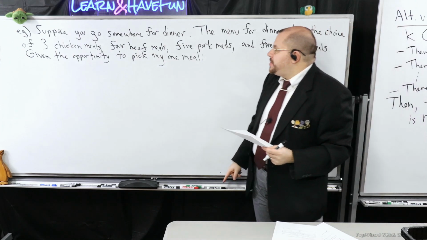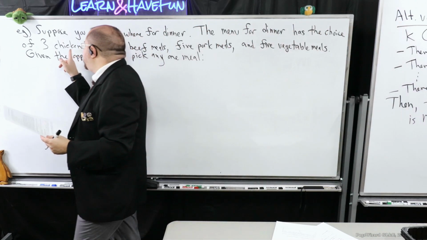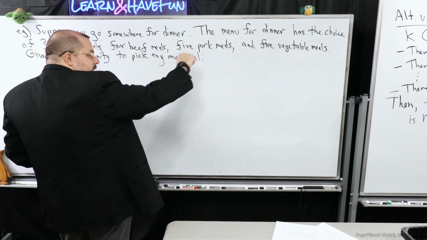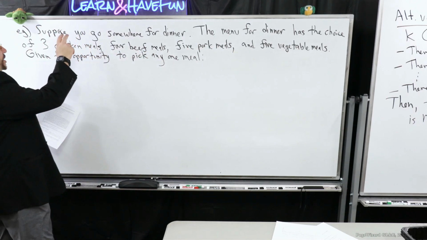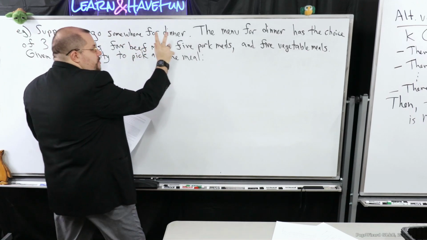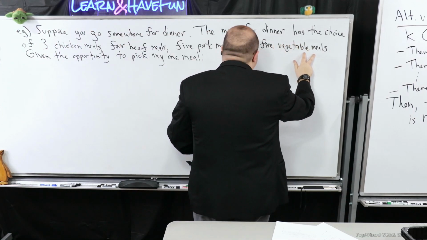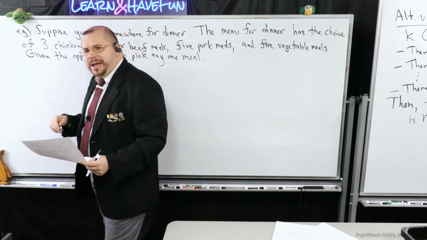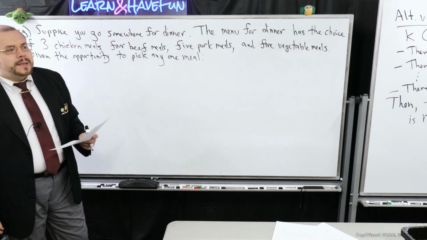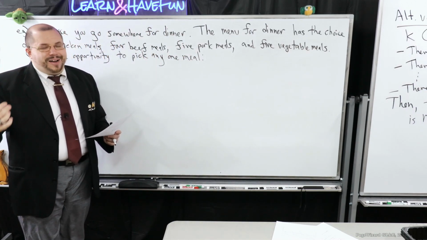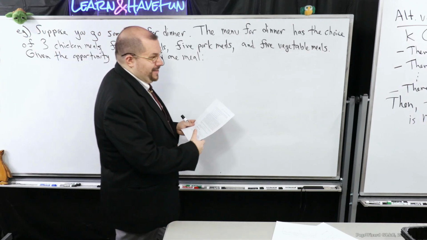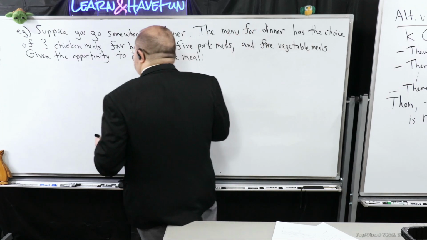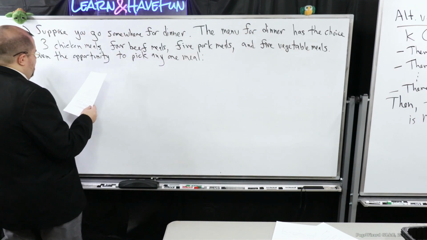So how many are there of chicken meal? So notice that each of these looks like an action in our alternate version of the addition principle. We can get a chicken meal, we can get a beef meal, we can get a pork meal, or we can get a vegetable meal. Do you notice how I use the word or? That's a very helpful phonetic way of remembering when you might need to add as opposed to doing something else. So, what does that mean?